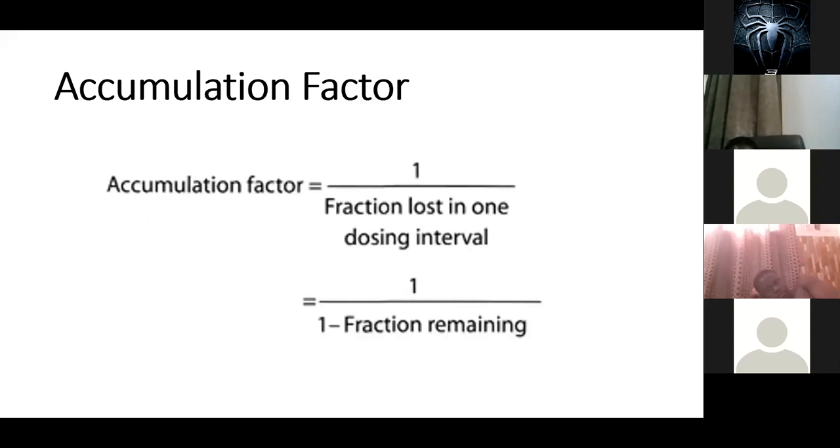So this is the equation, how you express it. Accumulation factor is equal to 1 over the fraction lost in one dosing interval. And so it's inversely proportional to the half-life, because the fraction lost in one dosing interval is related to the half-life.